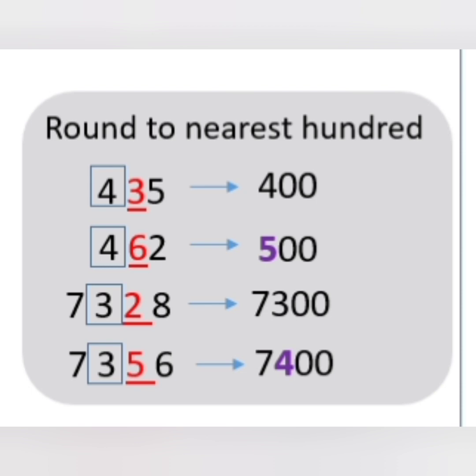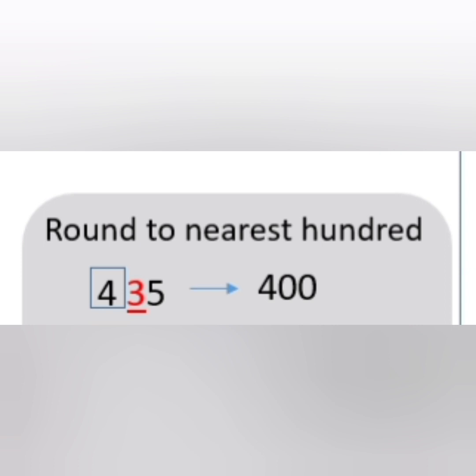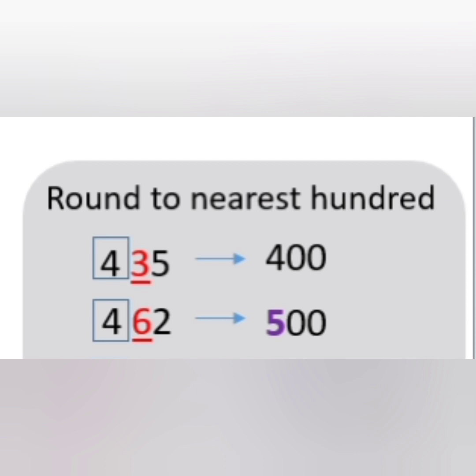Look at this. Round off to nearest 100. 435. The digit to be rounded is 4 and 3 is the weak number. So 4 remains the same. 3 and 5 became 0, 0. 462. Here 6 is the strong number.